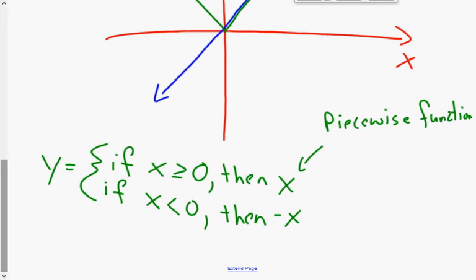And a piecewise function is anything made up of two or more rules or functions. Technically, this happens for one set of numbers. This happens for another set of numbers. You can have piecewise functions that have 3 or 4 or 5, however many rules you want. I think in calculus 30, the most you look at is 3. So just know piecewise means 2 or more rules.